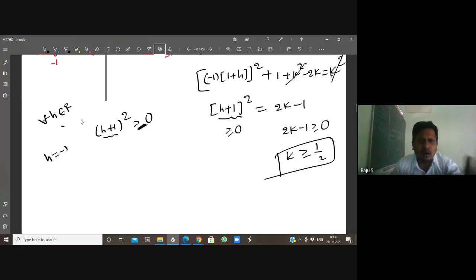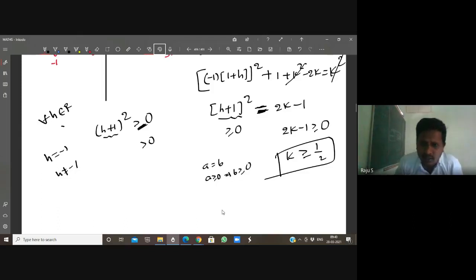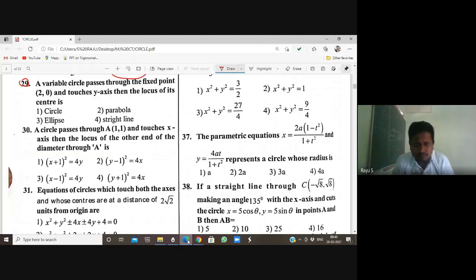For all h values other than minus 1, it is always greater than 0. Whenever the LHS is greater than or equal to 0 and the equal symbol is there, the RHS also must be greater than or equal to 0. For example, A is equal to B, A is greater than or equal to 0, which implies B also must be greater than or equal to 0. Okay, sir.